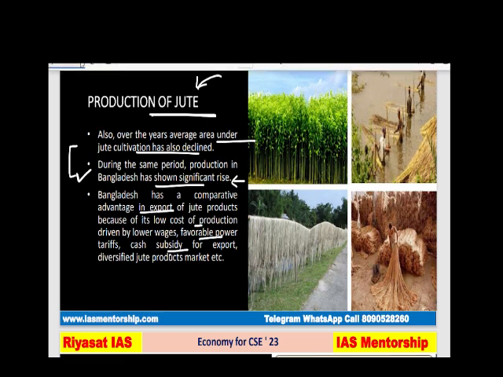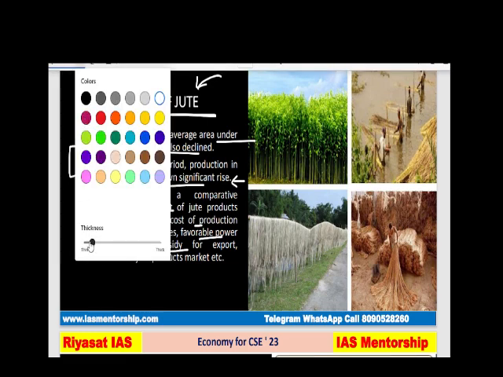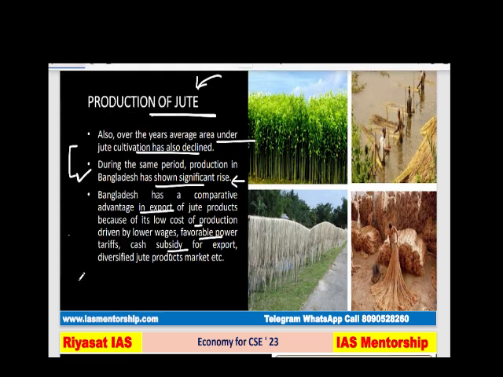Remember it. And some facts about jute, if you want to write, you can write here. The temperature requirement of jute is 25 to 35 degrees Celsius. Clear? Rainfall: they require an intense amount of rainfall, that is 150 to 250 centimeter. What type of soil do they require?